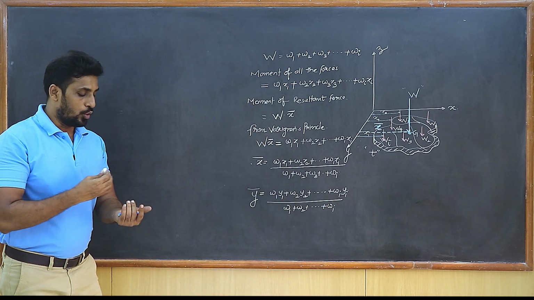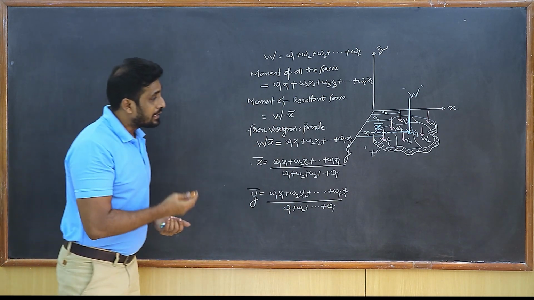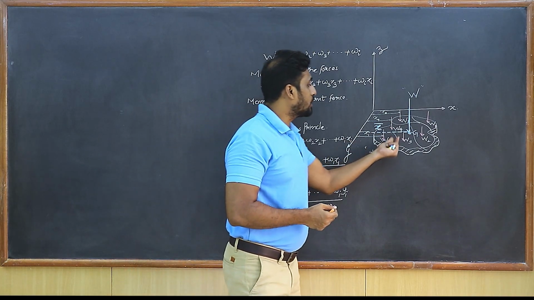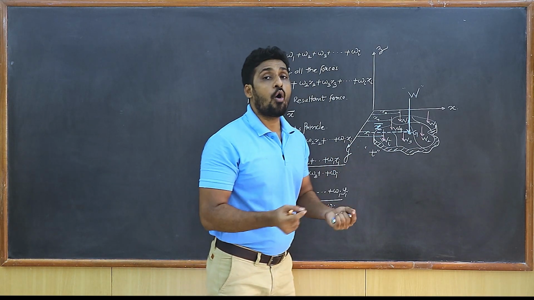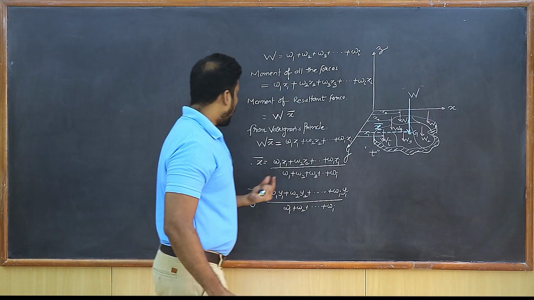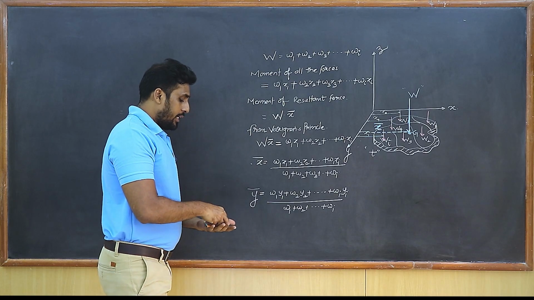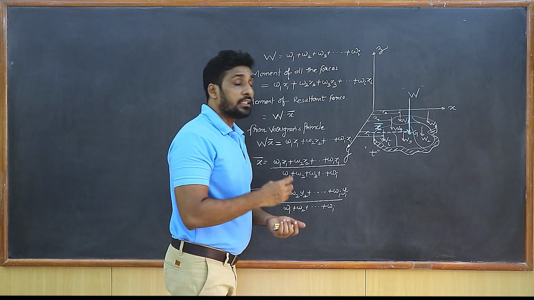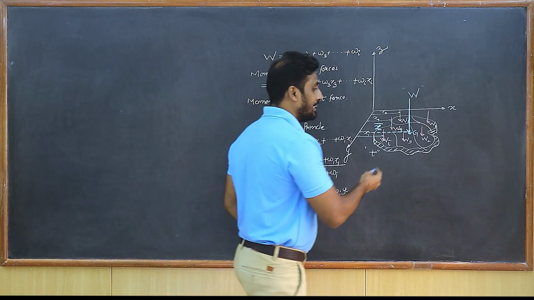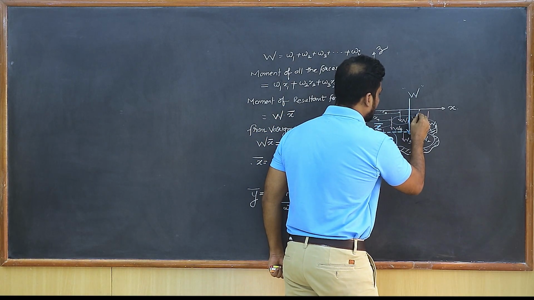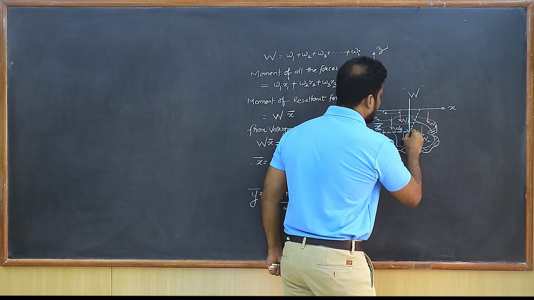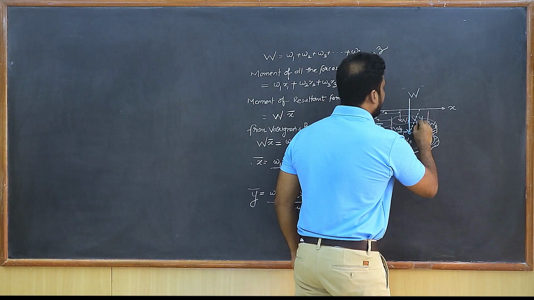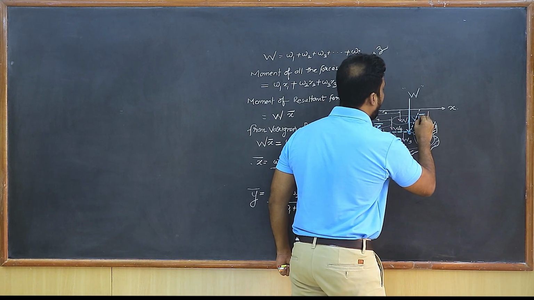Here y1, y2, y3 are the distances of the weights W1, W2 and so on from the x-axis. And y bar is the distance of the centroid from the x-axis.